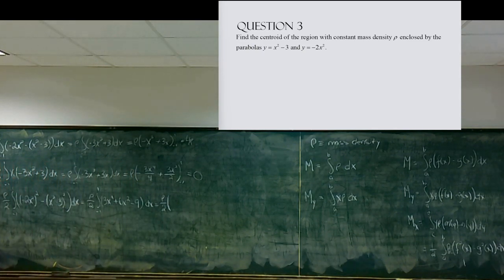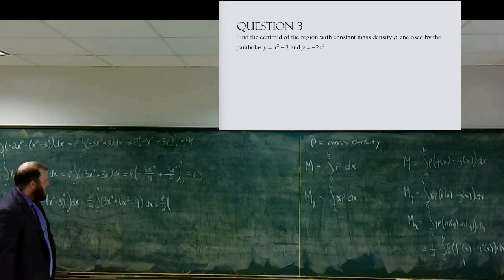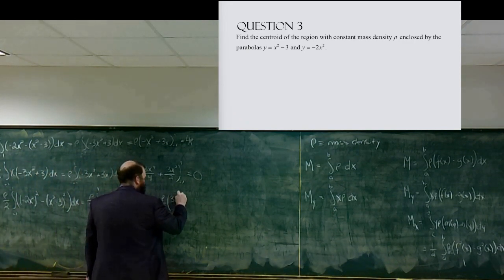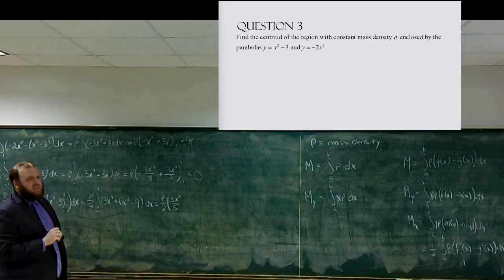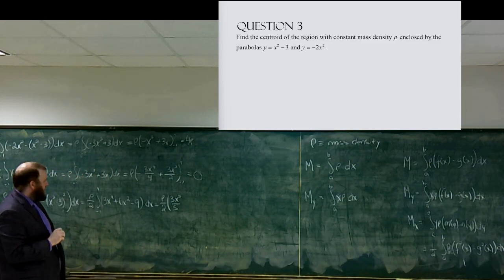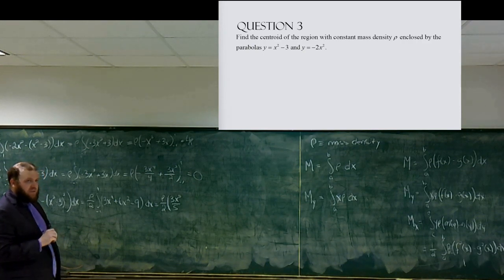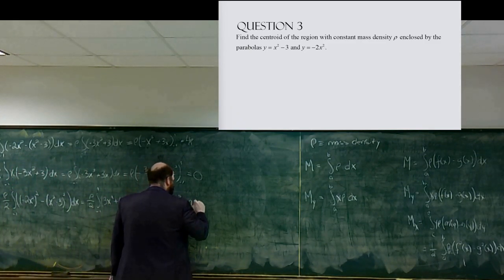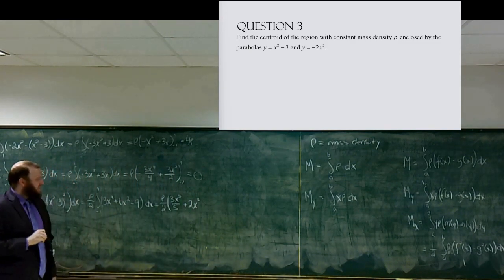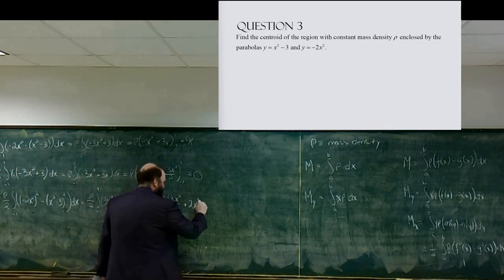What is our antiderivative? Let's see. 3/5 x to the 5th. Plus 2x cubed. Minus 9x.